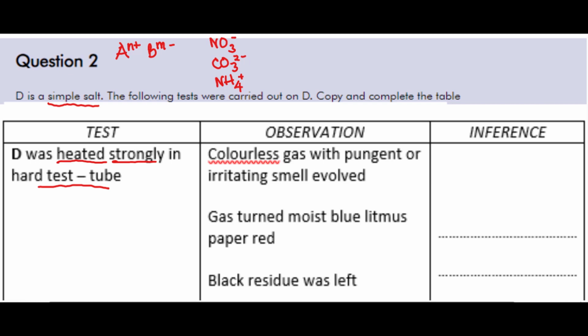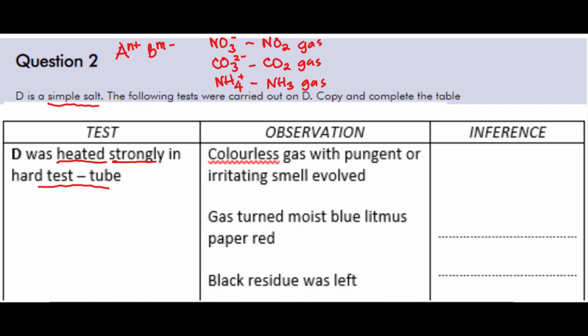But if this compound is stable to heat, it will not decompose, there will be no reaction. So in these three compounds, the gases produced when heated would be NO2 gas for the trioxonitrate 5, CO2 gas for the trioxocarbonate 4, and ammonia gas for the ammonium compounds.